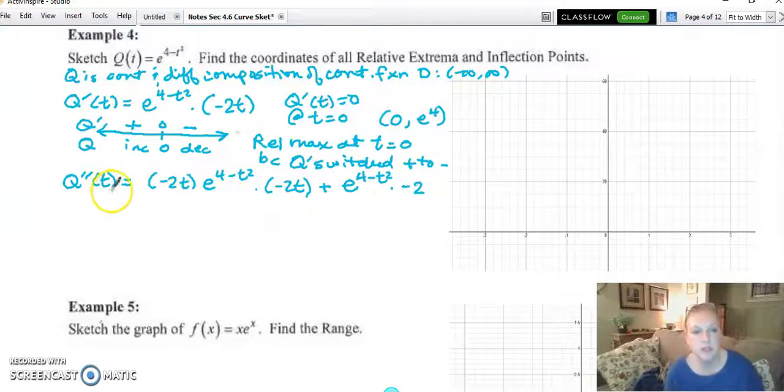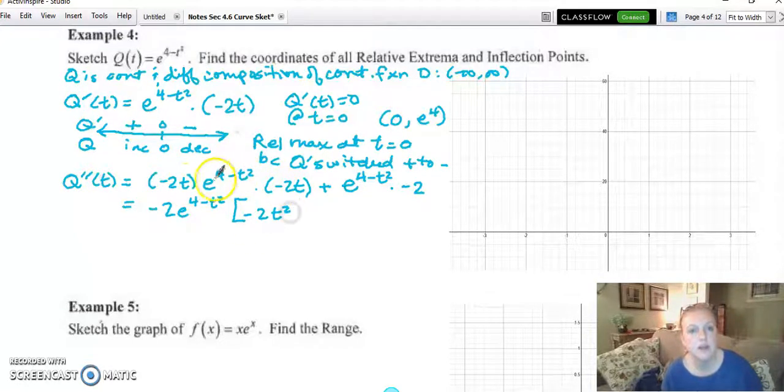And then once we get to here, we do want to go ahead and factor it. I'm going to pull out a negative 2 and an e to the 4 minus t squared. So negative 2 e to the 4 minus t squared. That's going to leave us with here minus 2t squared. And then over here, we pulled both of them out, so plus 1.